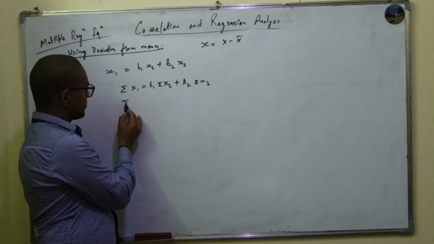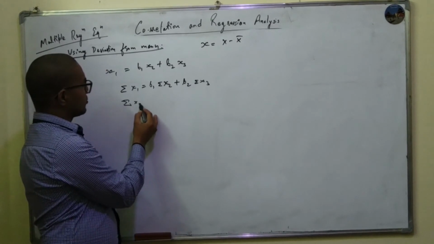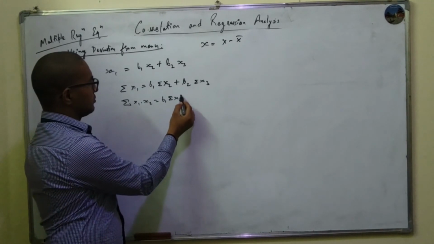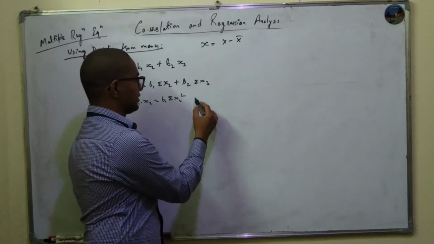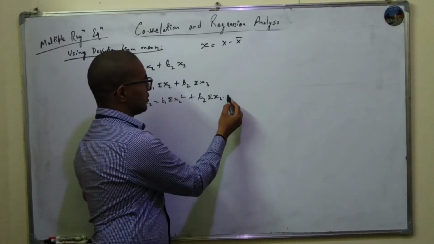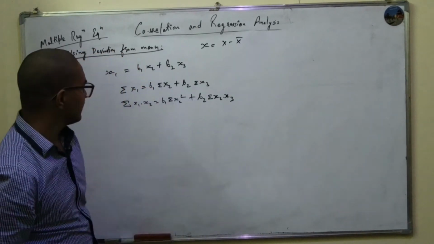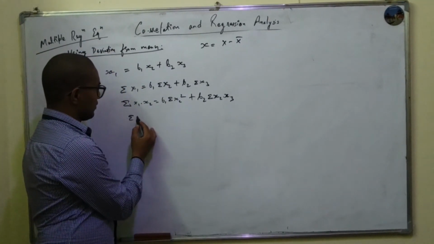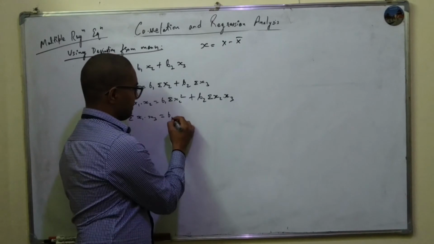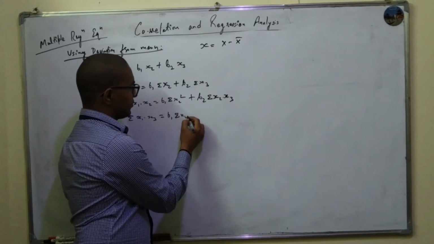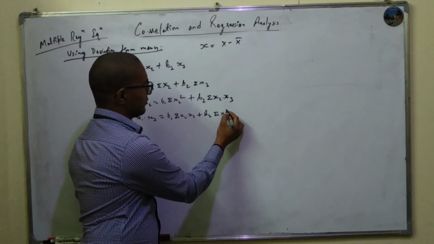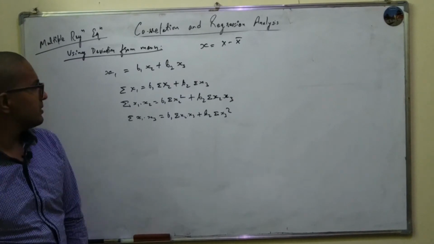Then, x1 dot x2 equals b1 times x2 square, plus b2 times x2 dot x3. Next, x1 dot x3 equals b1 times x2 dot x3 plus b2 times x3 square.